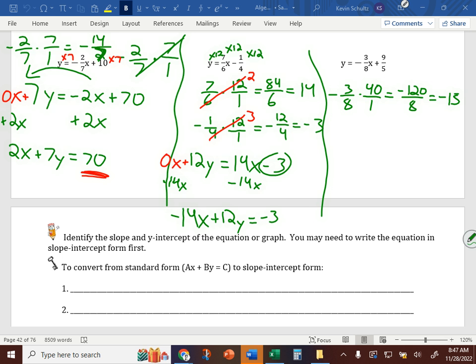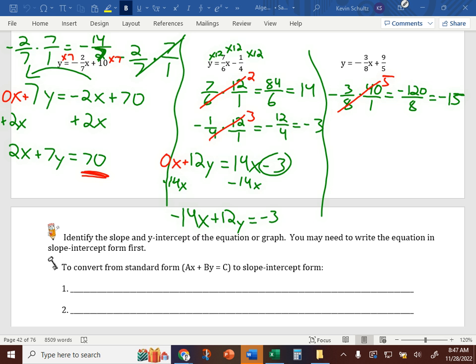Okay? If you simplify, that looks like a 13. My 5 sometimes looks like 13, so it's weird. If you simplify 40 and 8, 40 divided by 8 equals 5. And then negative 3 times 5 gives us that negative 15 that way also.